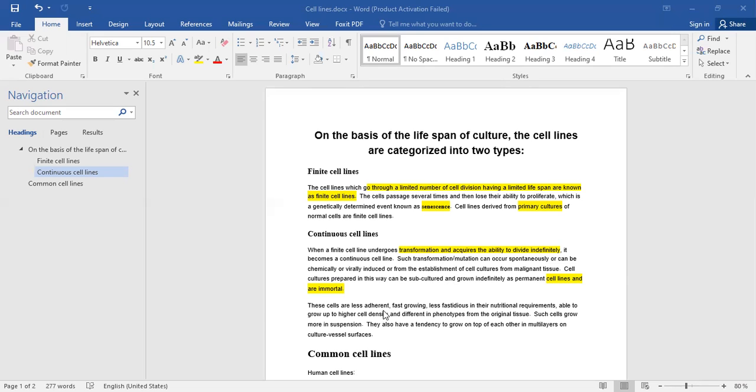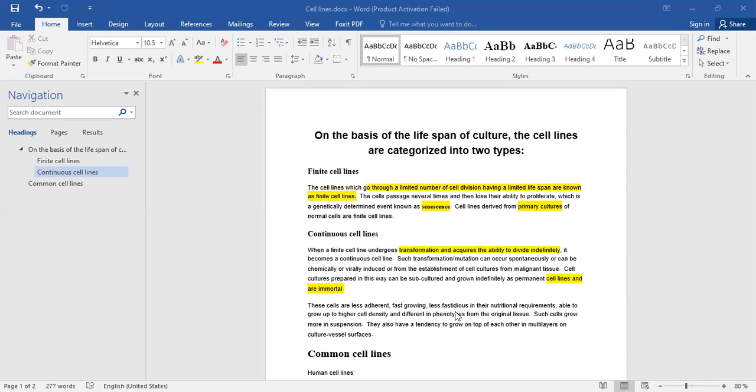And these cells are less adherent. They cannot adhere onto any surface easily, meaning they will adhere, but they are less adherent, and they will grow very fast compared to the finite cell lines. They also have some nutritional requirements, and they will divide when they find nutrients from the sources.